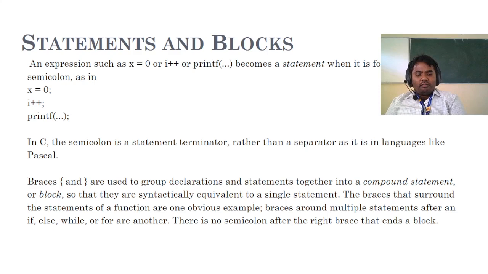When there are n number of statements to be executed at once, if I want to execute all of them, then I need to group them within opening curly braces and closing curly braces.